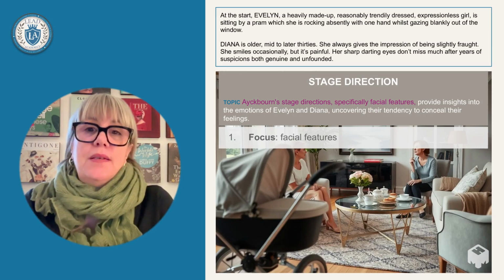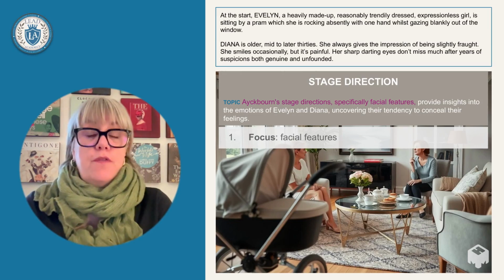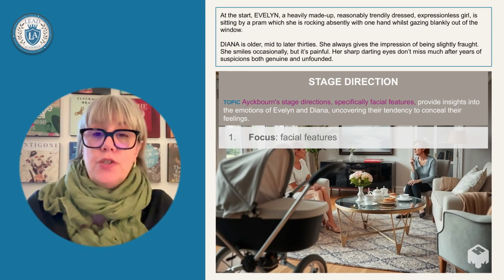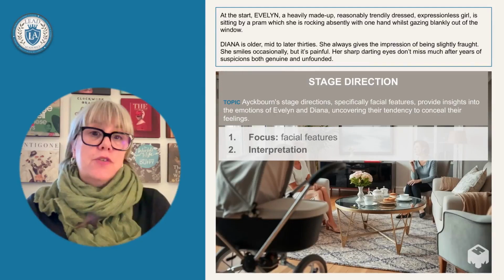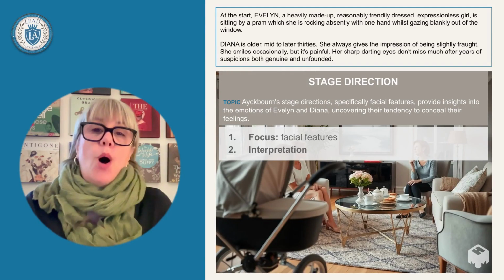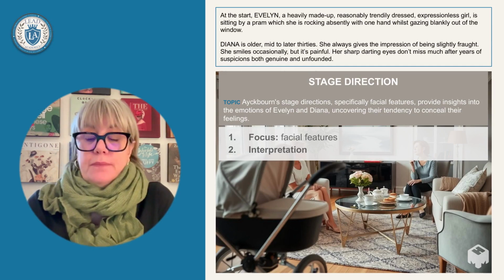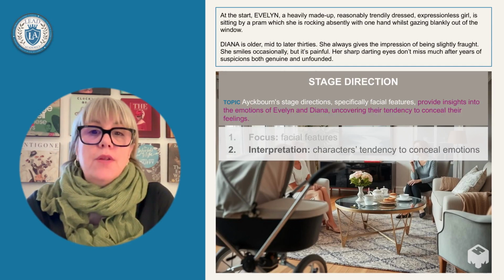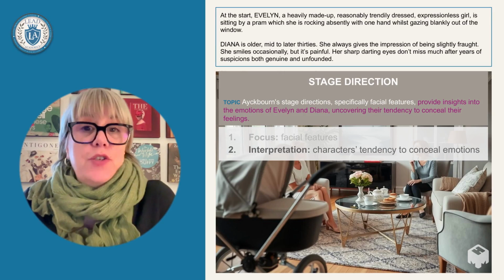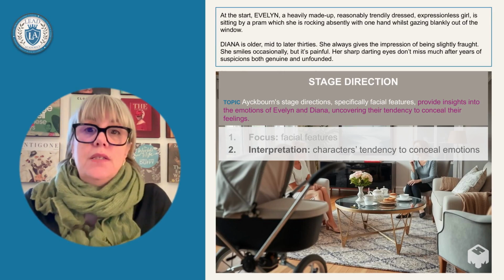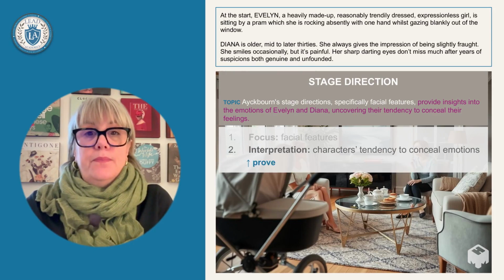Ensure that topic sentence clearly states the focus of the paragraph. Here, the focus is Ayckbourn's stage directions, specifically facial features. Also ensure the topic sentence states your interpretation. Here, the interpretation is that stage directions reveal the character's tendency to conceal their emotions.